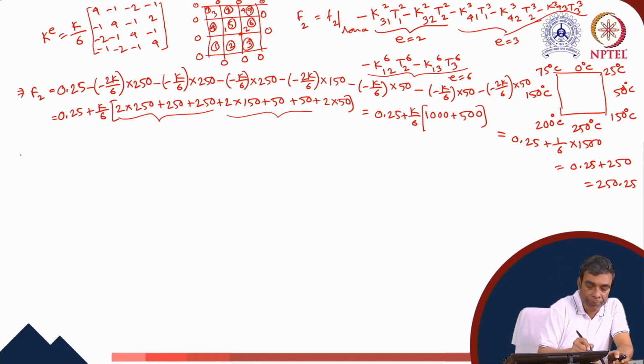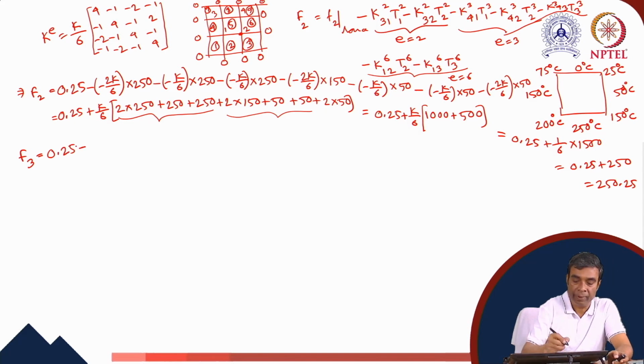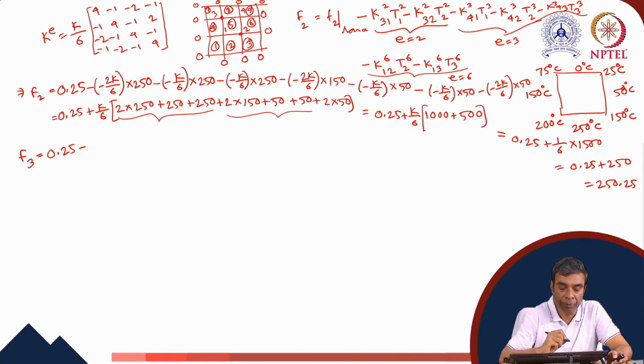If we go for F3, then we get it as 0.25 minus F3, this particular equation. It will be contributed by elements 4, 7 and 8. Let us consider element 4 first. So here for element 4, we are writing the local equation at I equals to 3. So our I equals to 3, our B will be 1 and 4 and E will be 4.